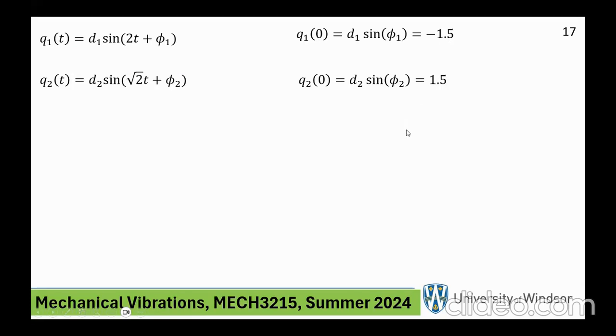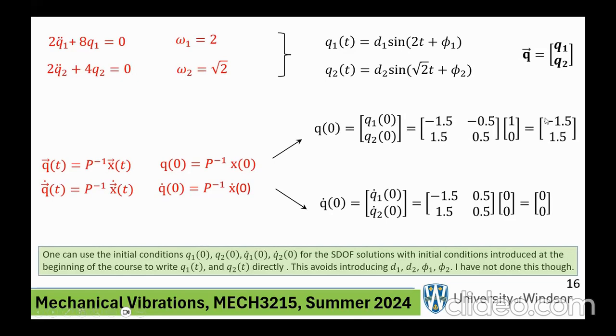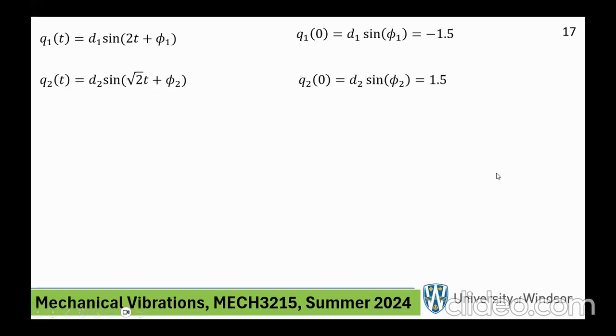You can see that right here, minus 1.5. And Q dot of 0, of course, is 0. And Q2 of 0 is 1.5. And I'm doing it by brute force. I'm not even using those formulas. If I don't have to, I can do it literally by brute force.